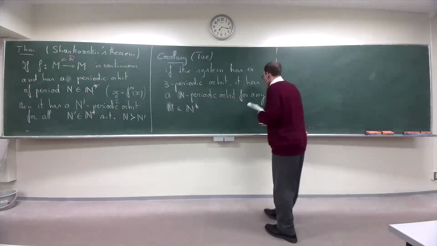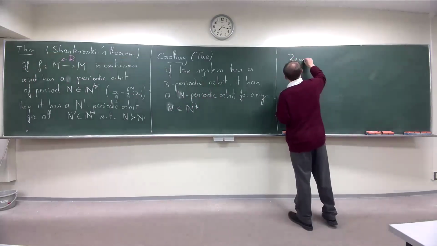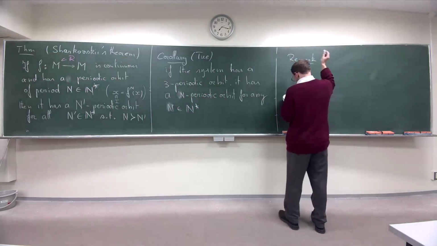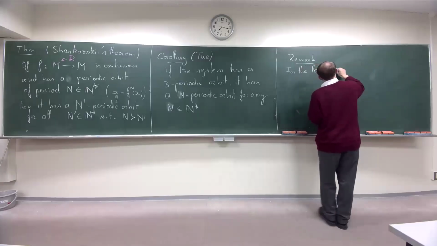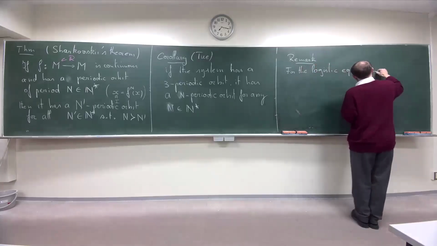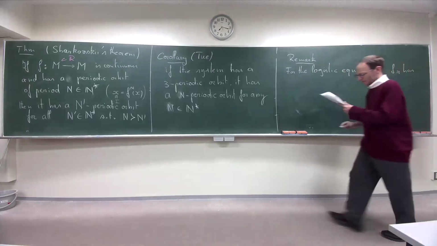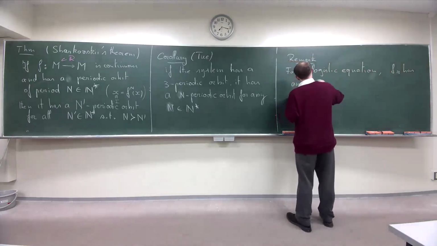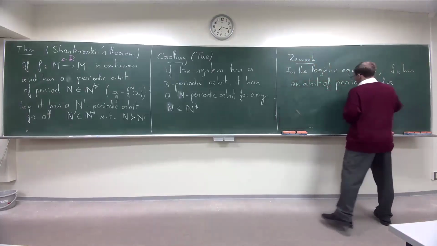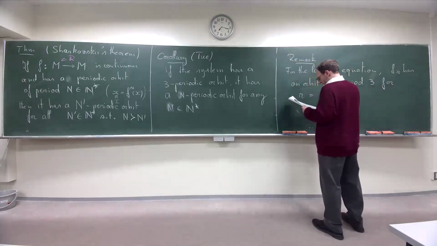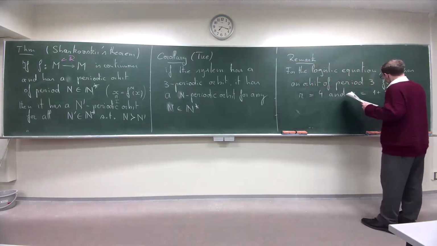A remark about the logistic equation. This is general, it's not only for the logistic equation, but for the logistic equation, at least there are two values where we can check f has an orbit of period 3: r equal to 4 and r equal to 1 plus the square root of 8.